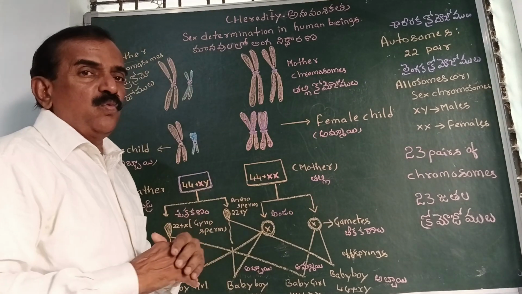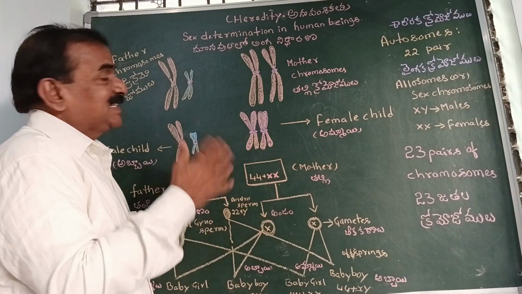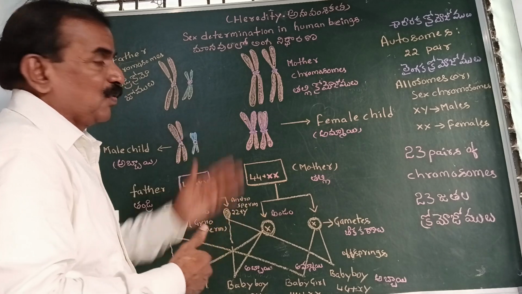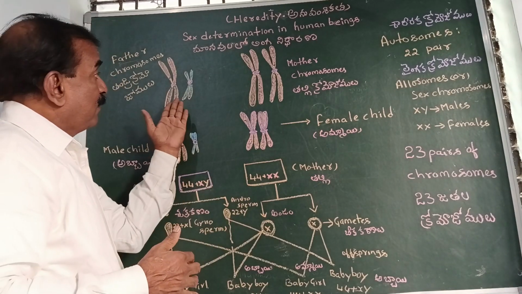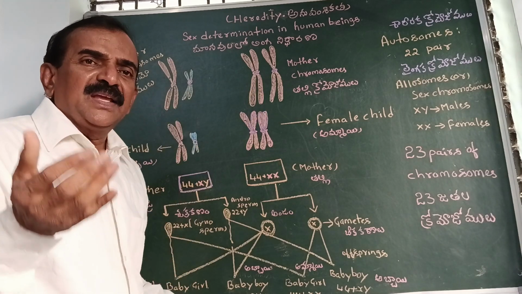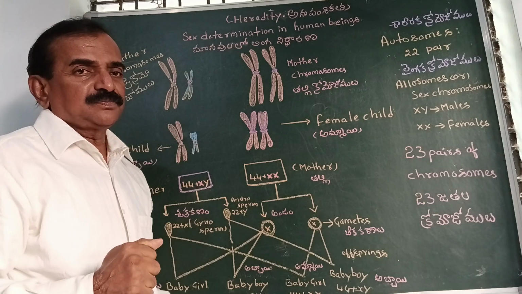Now we are going to understand sex determination in detail by seeing this flow chart. Here you are observing the presence of father chromosome and mother chromosome. We inherited our traits from our parents.